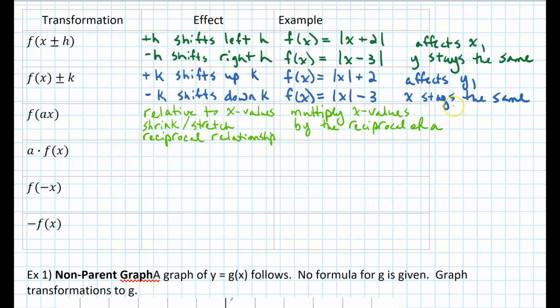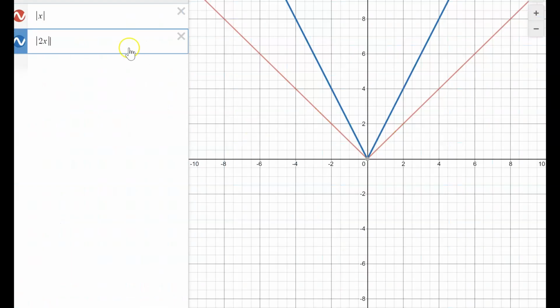So when we have the absolute value of a greater than 1, let's talk about the effect here. Right now the absolute value of a is greater than 1. Did the graph stretch towards the x-axis or shrink away from the x-axis?